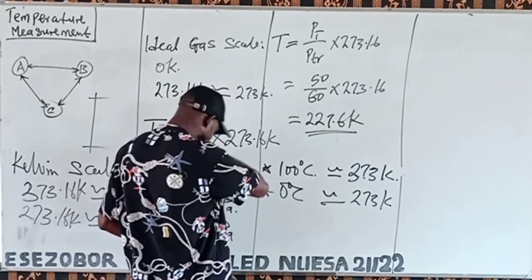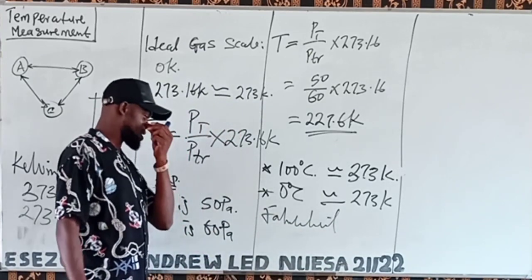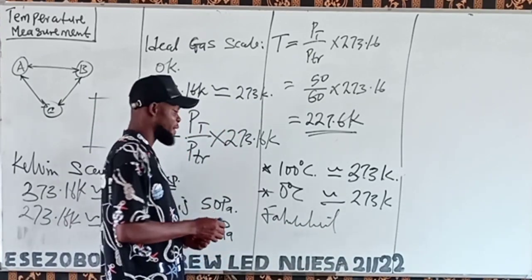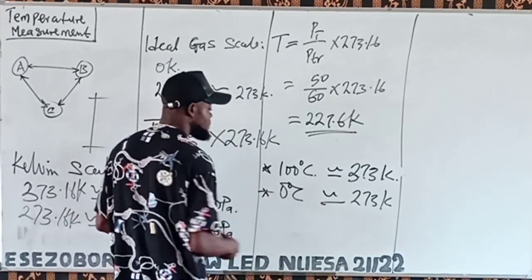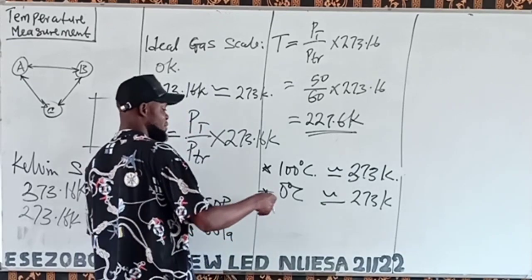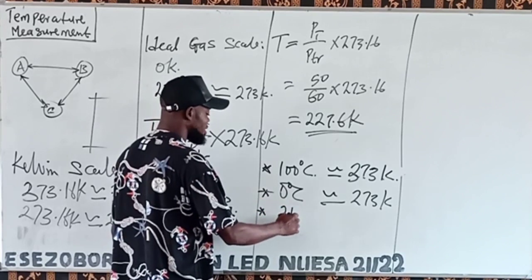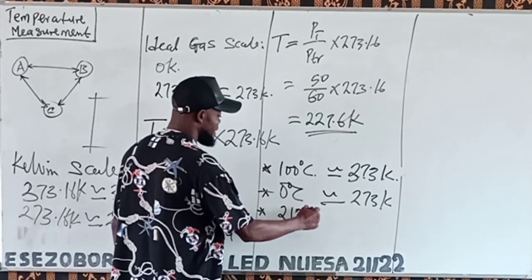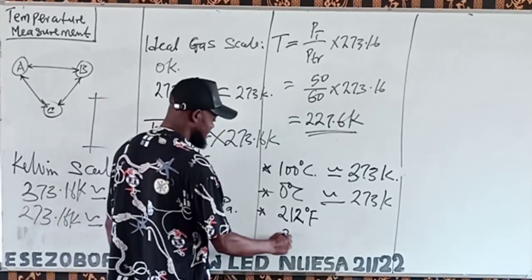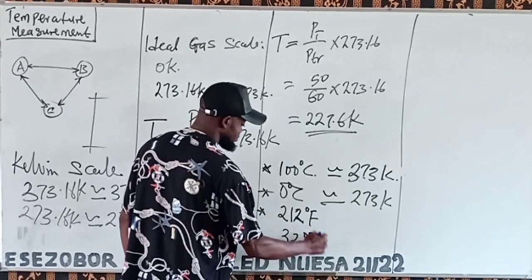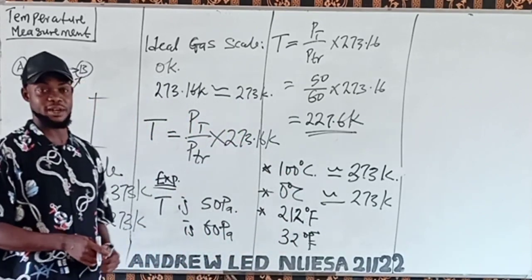For the Fahrenheit scale, the upper fixed point is 212 degrees Fahrenheit, while the lower fixed point of Fahrenheit is 32 degrees Fahrenheit. Note that Kelvin doesn't have a degree, Celsius has, and Fahrenheit has. Take note of that as well, it's also very important.